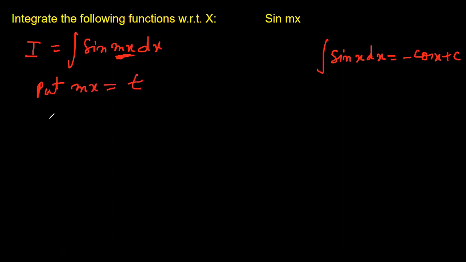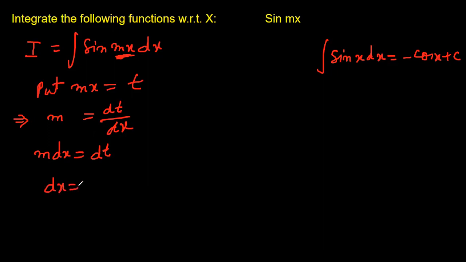If mx is t, differentiate both sides with respect to x, so this implies m is equal to dt by dx, or we can say m dx is equal to dt. Can we find the value of dx from here?